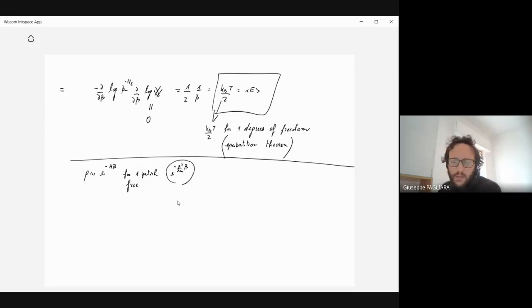This is basically the Maxwell-Boltzmann distribution, which allows us to determine, for instance, the distribution of velocity of particles.